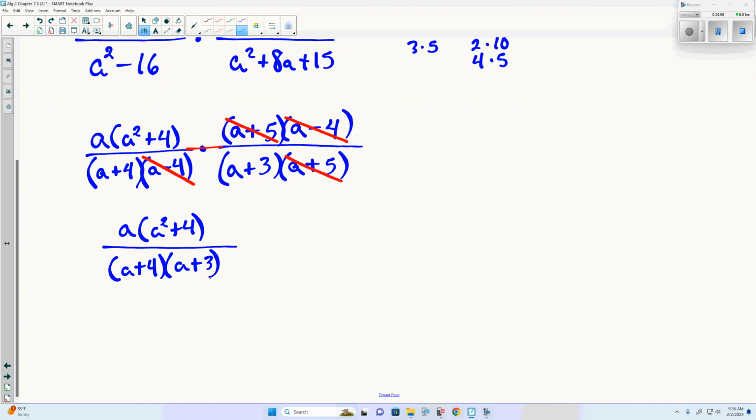So there is a chance it does factor. A squared is a and a, 4 is 2 and 2, yes? So is this a difference of perfect squares? No, it is a sum, but we don't have a sum of perfect squares formula. So it is not factorable. This is the final answer.